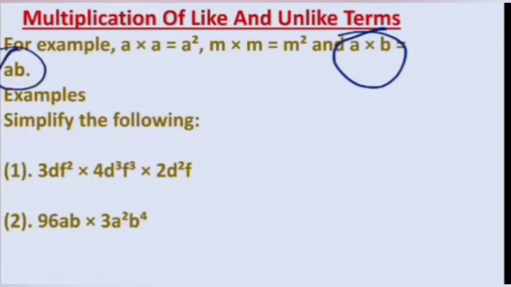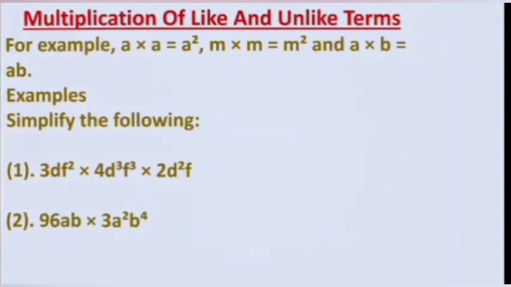So like terms and unlike terms can be multiplied, but you can't add or subtract unlike terms. So let's take examples. We have these examples here. Simplify the following.